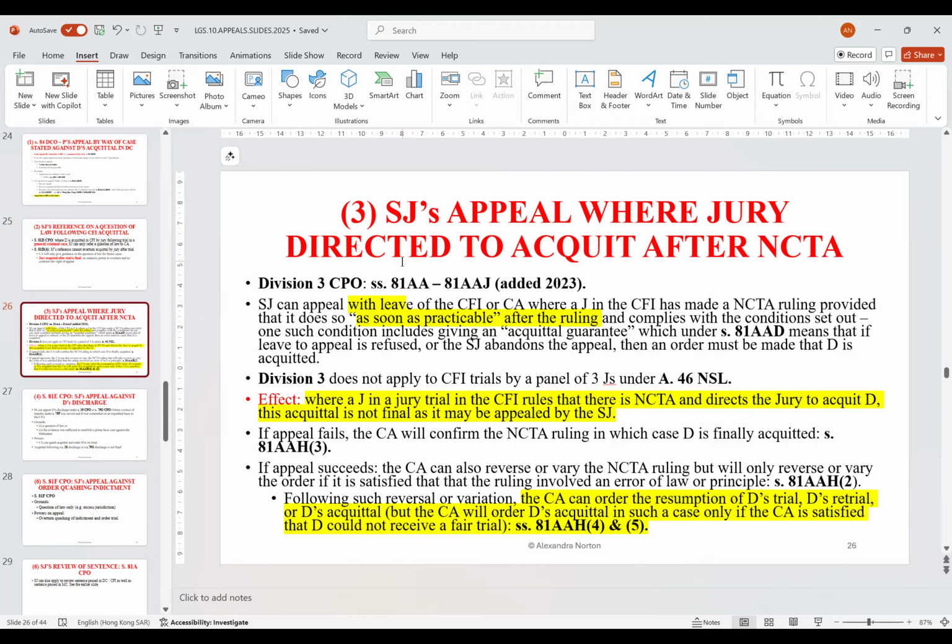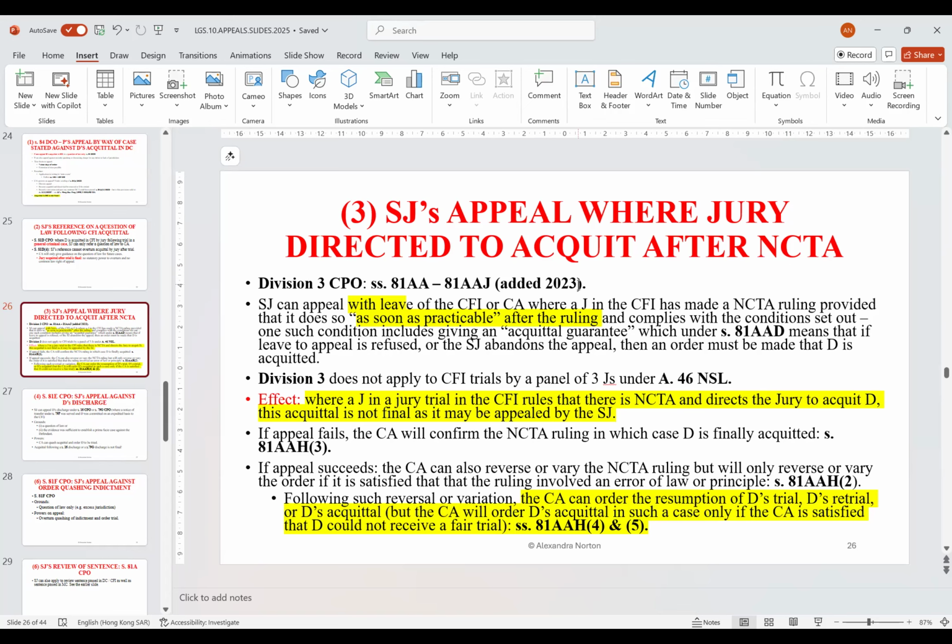And this is a good example. So previously, even if the jury had been told by the judge to acquit, right? So they'd been directed to acquit because the judge had ruled that there was no case to answer. Previously, that could not be appealed either because an acquittal by a jury at any stage in the case was final.